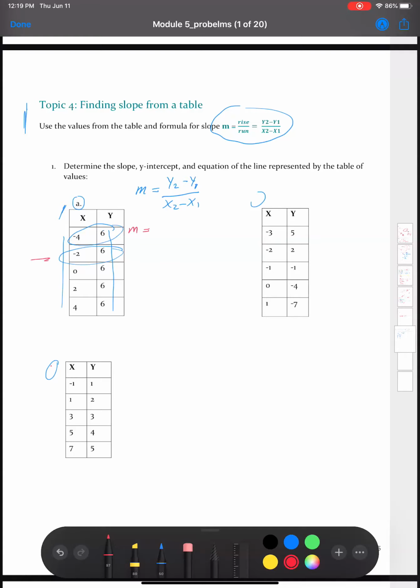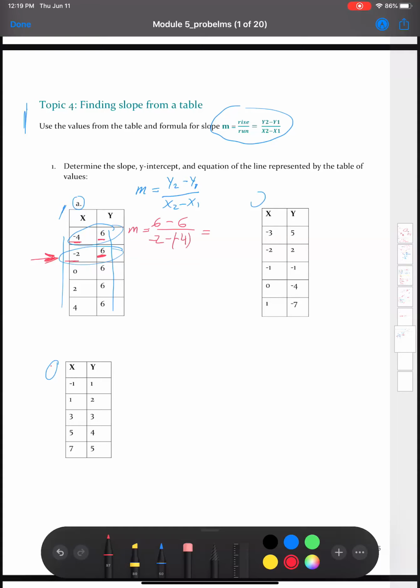So the second ordered pair here is representing our y2 and x2. So y2 is 6. Our y1 is also 6. You guys see what's going to happen here? Can you predict? So our x2 is -2 minus -4.